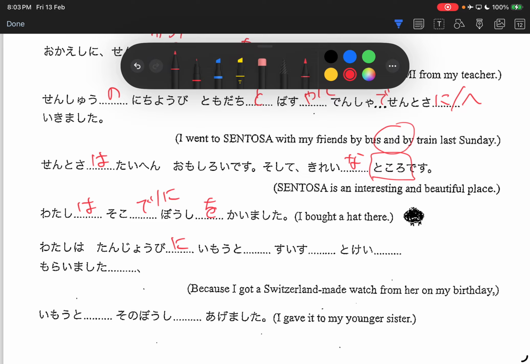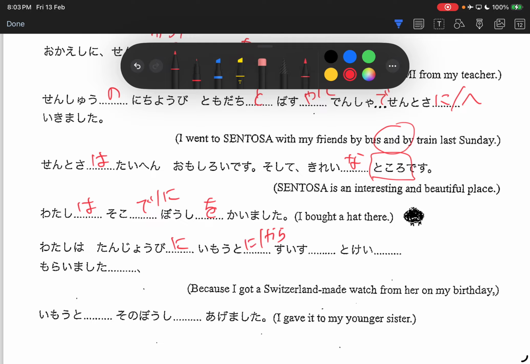Tanjobi ni imoto... Okay, this one depends on the last verb. What's the last verb? Moraimashita. So you receive from sister. So moraimashita is ni or kara.